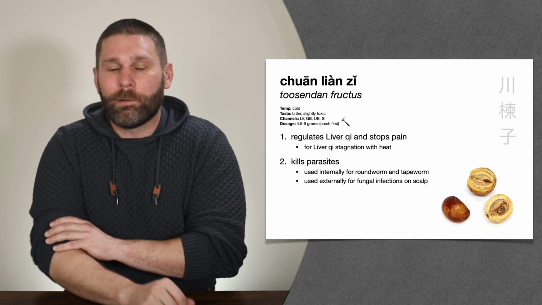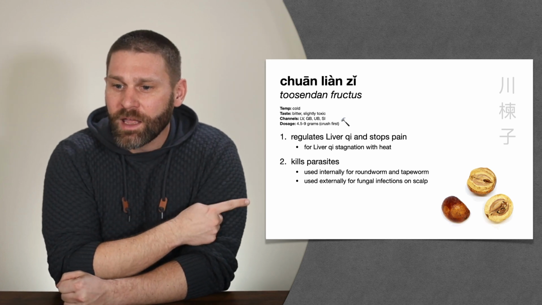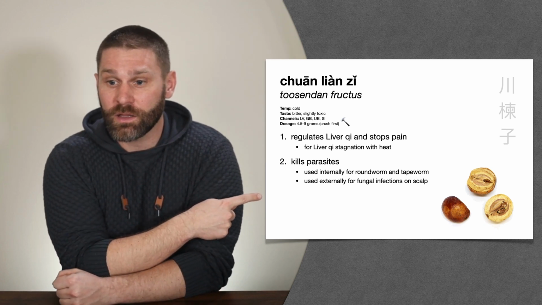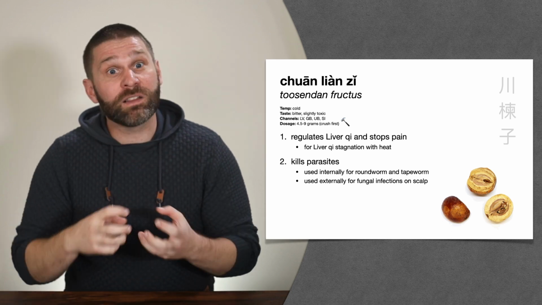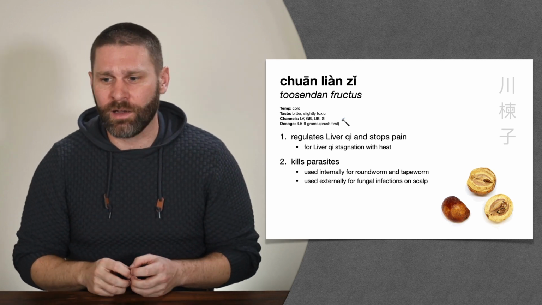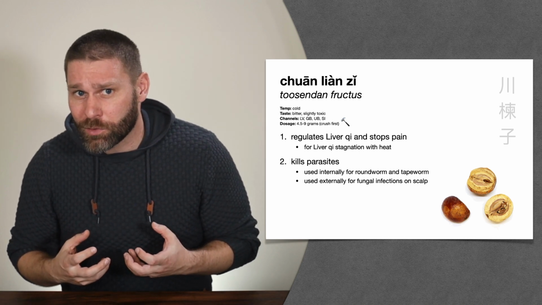I've never really had much success with crushing these, but honestly, when I order this herb, it comes like the picture here, where it looks like they were sliced in half before they were dried. So I'm assuming that if they come this way, you don't actually need to crush them.